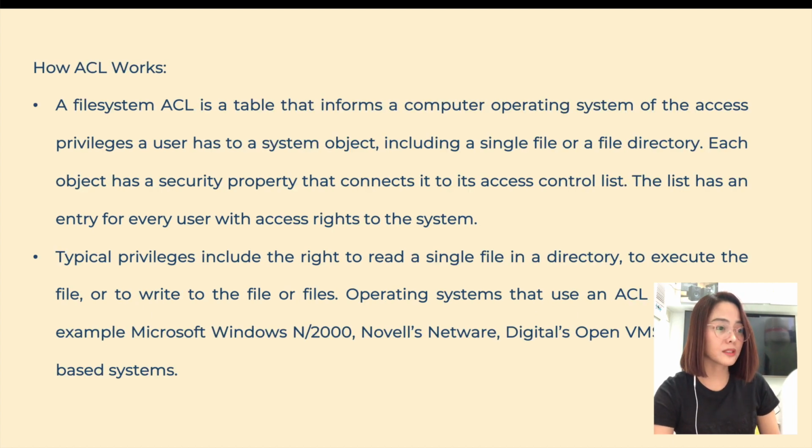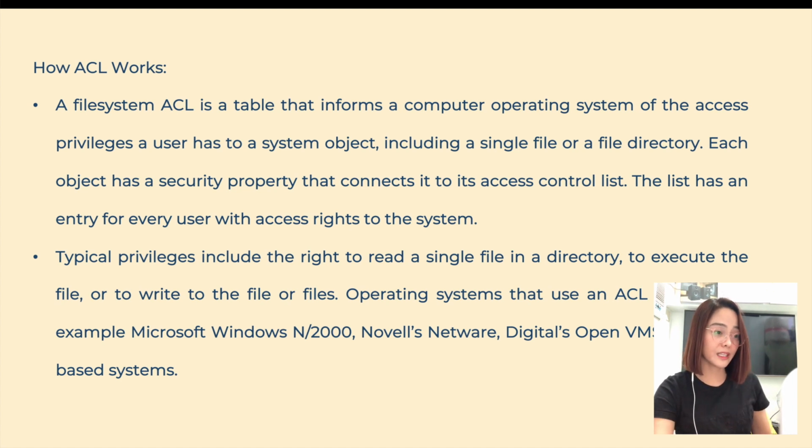How an ACL works. A file system ACL is a table that informs a computer operating system of the access privileges a user has to a system object, including a single file or a file directory. Each object has a security property that connects to its access control list.